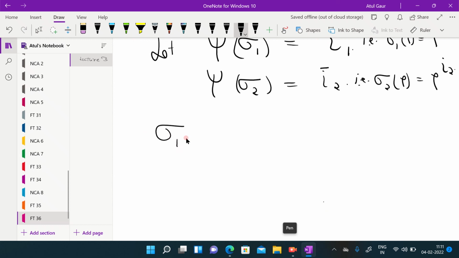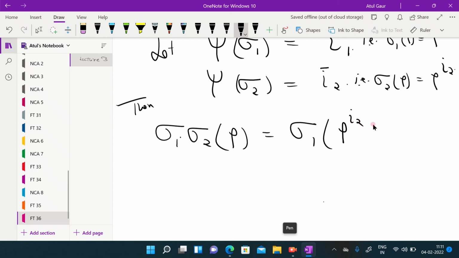So what should be sigma 1 composed with sigma 2 of rho? Sigma 2 of rho is rho power i2, and then sigma 1 gives the whole power i1. This is rho power i1 i2.